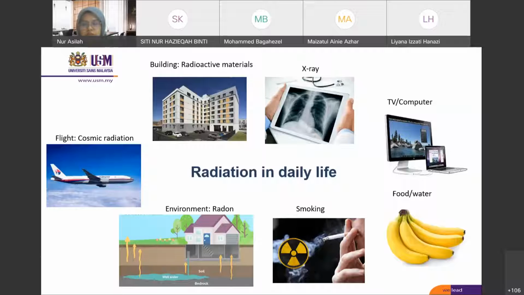And we also have radiation that comes from tobacco that is made up of radioactive element, and radiation that comes from radon that is usually found in soils and rocks under the ground, and radiation during flight, in which at higher altitude we get exposed to cosmic radiation.